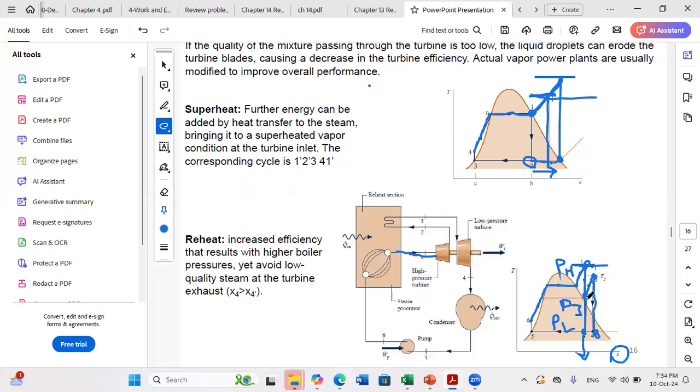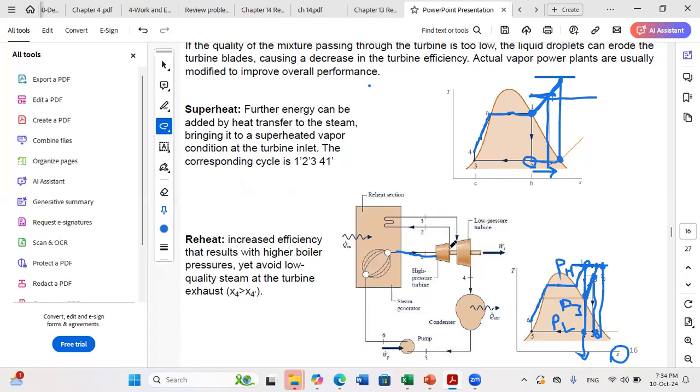And you can do reheating just to reach the limit temperature in order to have higher and higher quality at the exit of the turbine. So your only limit here is the temperature. You can reheat until reaching the desired temperature, which will give you the desired quality at the exit of your turbine. So this is called the reheat process.